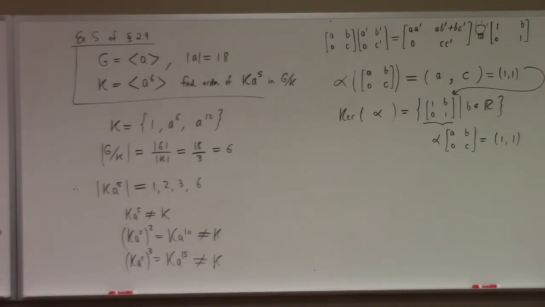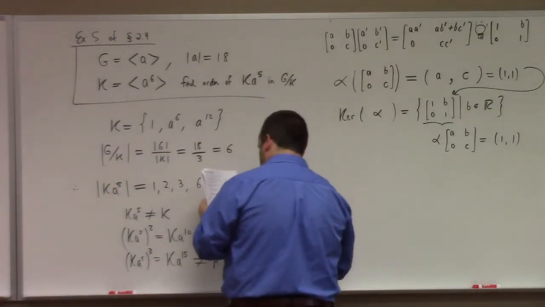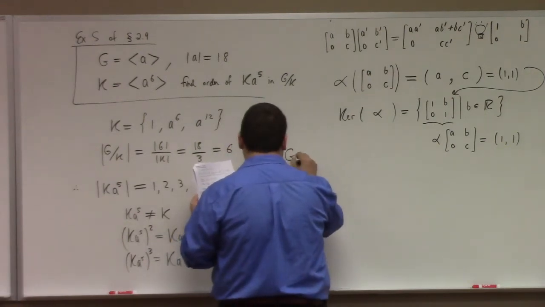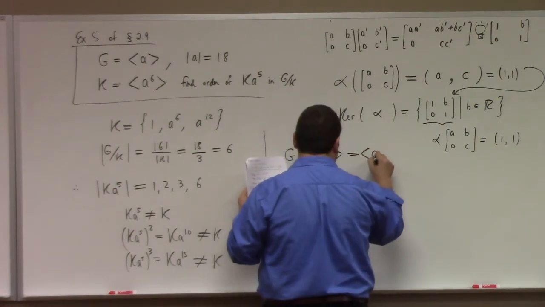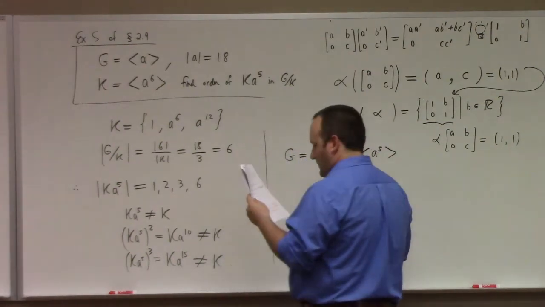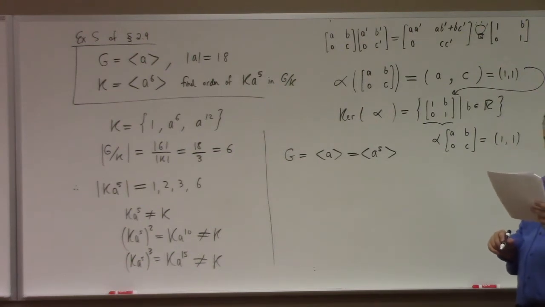Solution, ooh, but maybe this is good. There's a second solution to this, which is that G is, oh, I'm not sure we were using this enough, guys. G is generated by A, and it's also generated by A to the 5th, right?